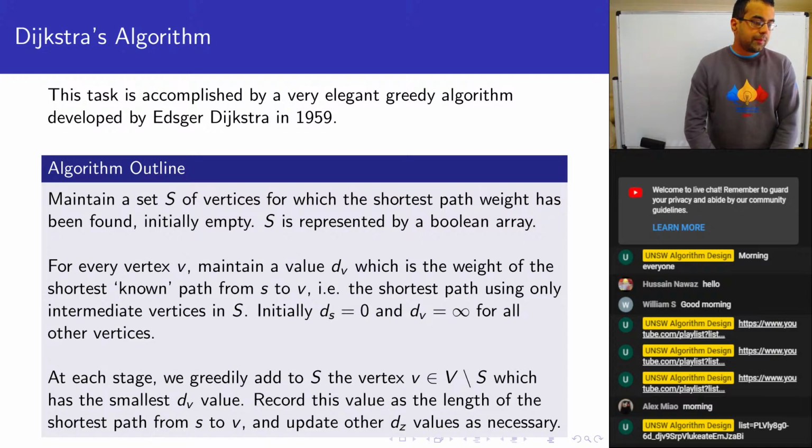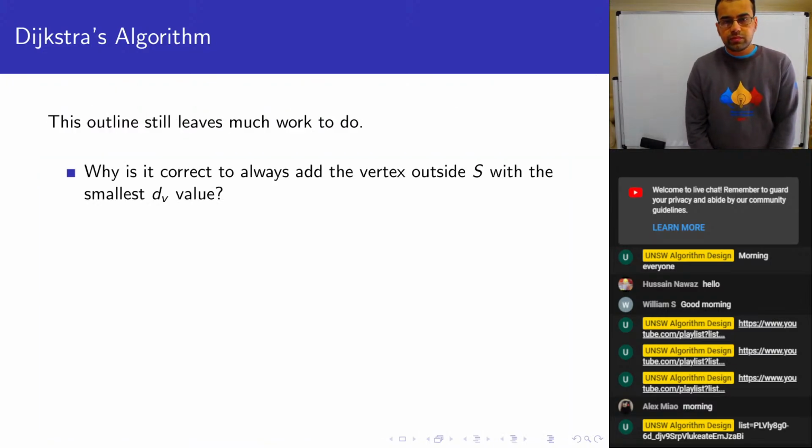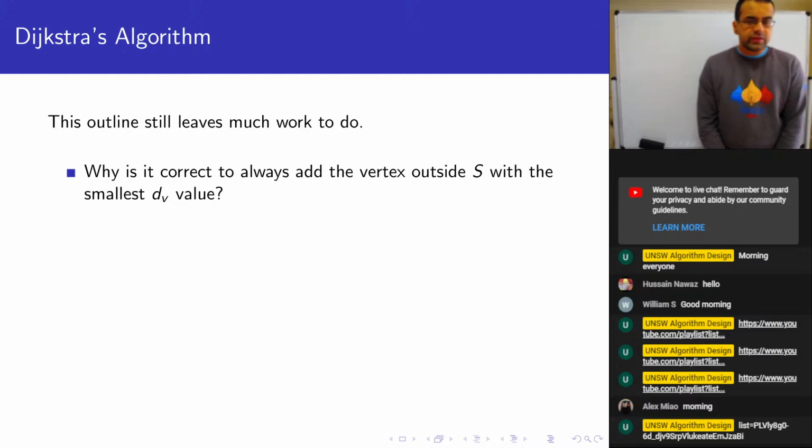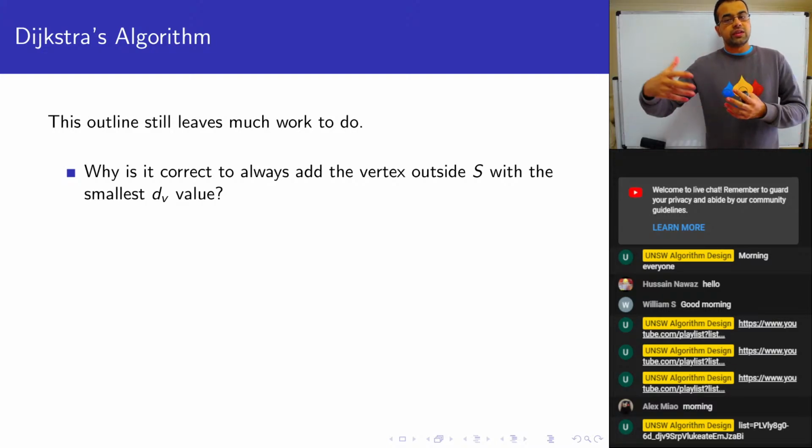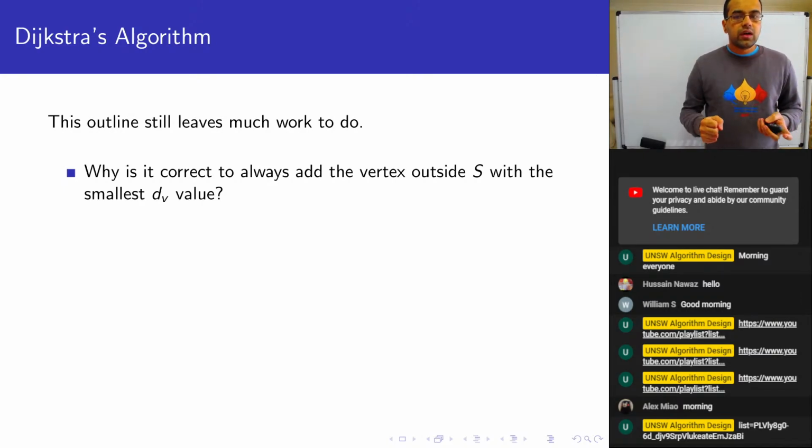But this algorithm still leaves some questions to be answered. First, this is a greedy algorithm. At every stage, we would like to go from set S containing nothing to set S containing all the vertices, that is, having all the vertices answered.